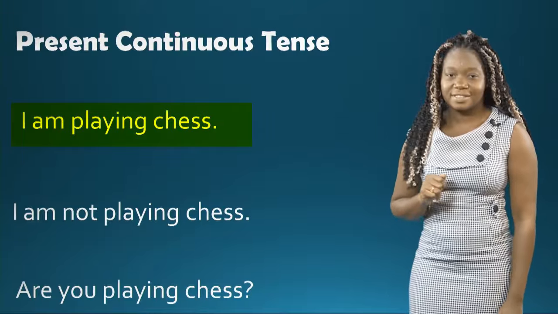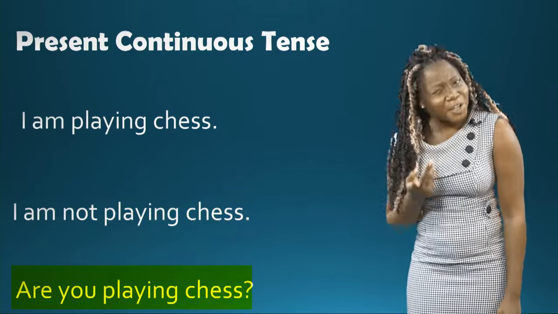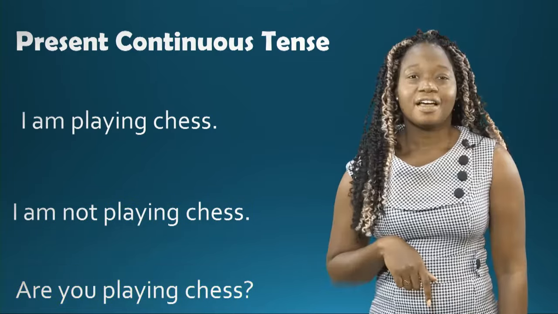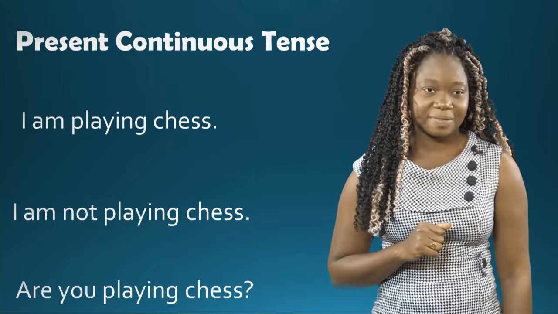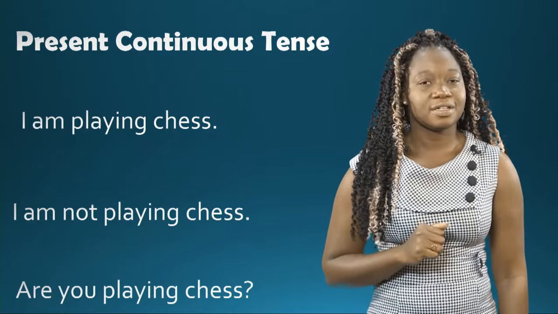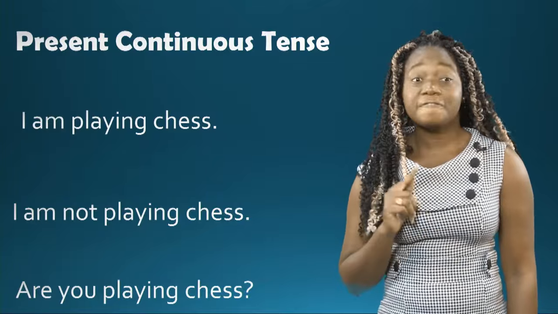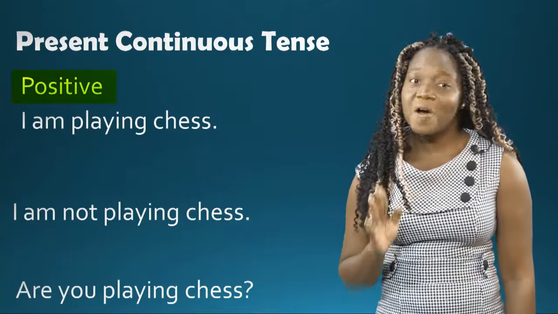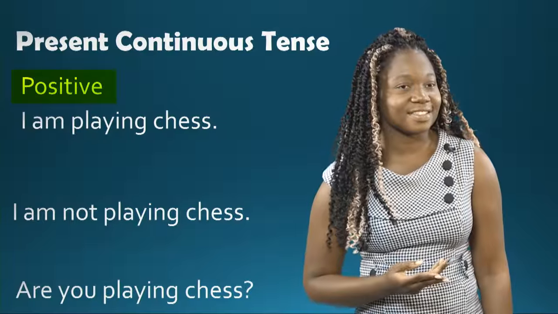I am playing chess. I am not playing chess. Are you playing chess? How I've read the sentences should tell you that there's a difference. And when you look at the words in the sentence, you should also see a difference. So the first sentence is a positive statement or a positive sentence.